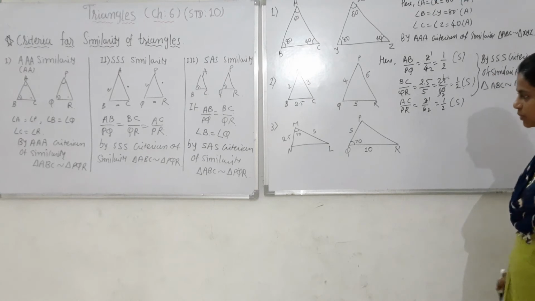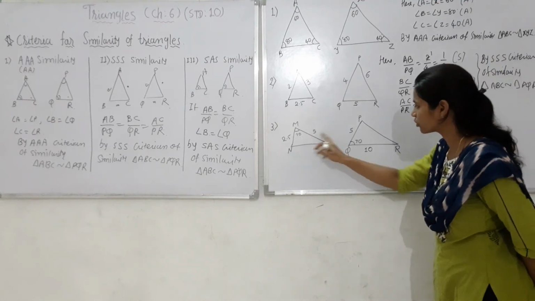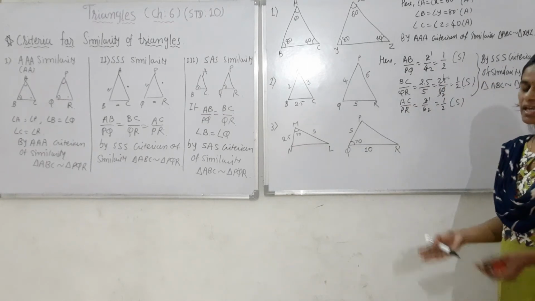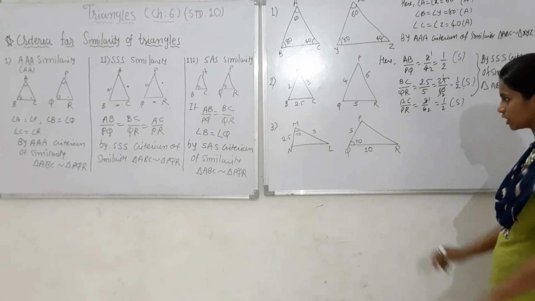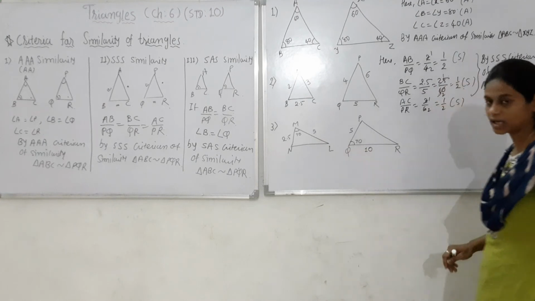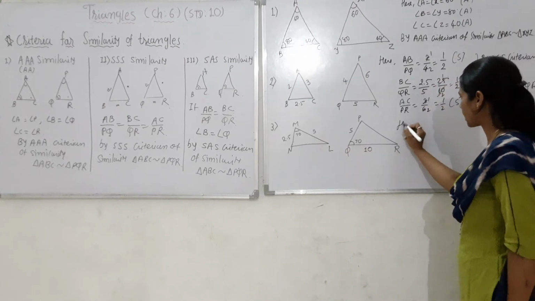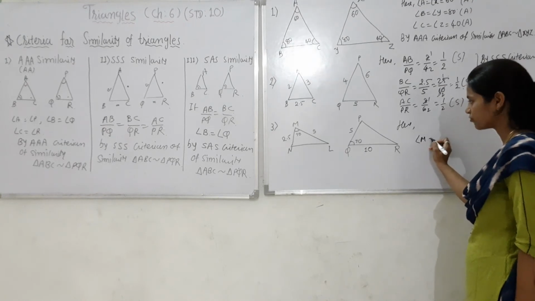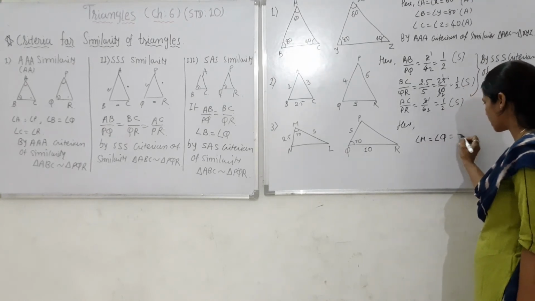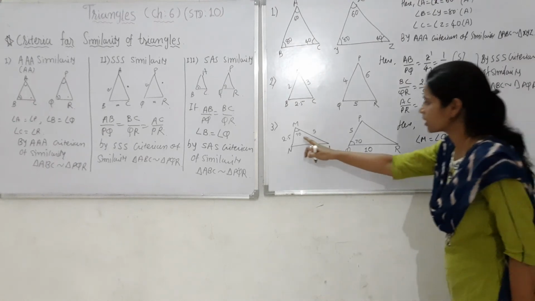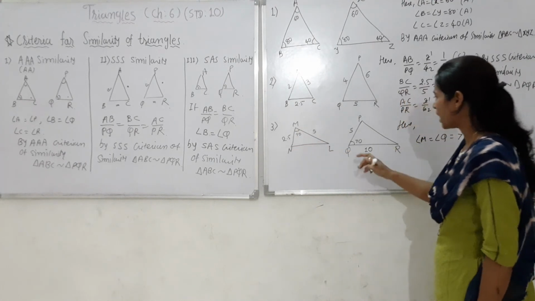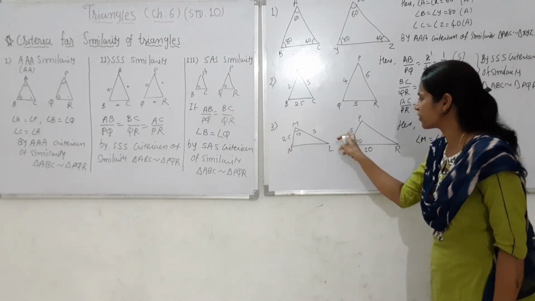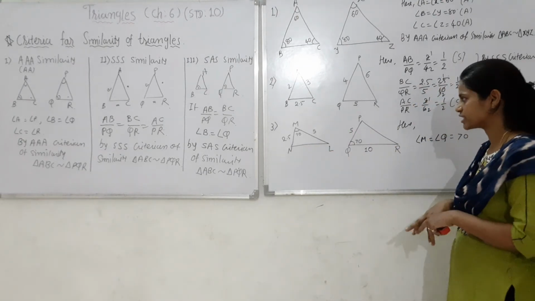Now in the third example, you have information about one angle and two sides. You should check which sides' ratios are equal because we know here the common angle is 70. So you can write here angle M is equal to angle Q is equal to 70. The sides at M are NM and at Q are PQ. Check whether the ratios are equal. 2.5 upon 5, so 25 upon 50 is 1 by 2.